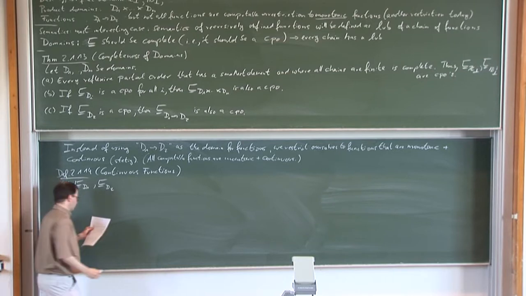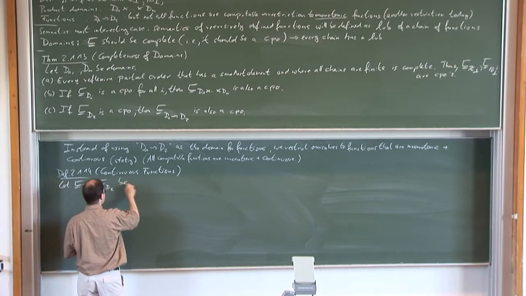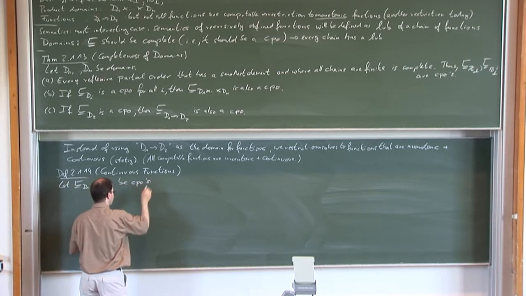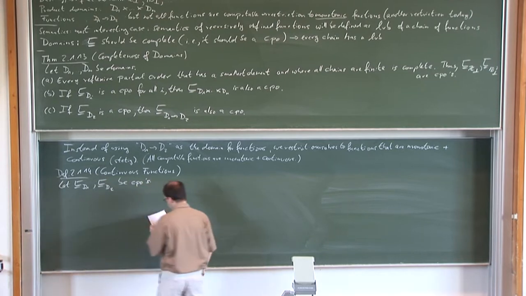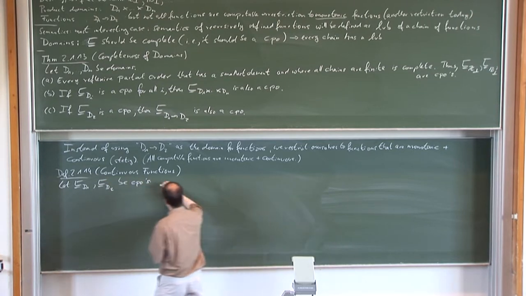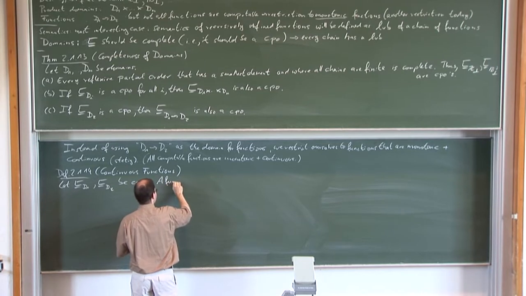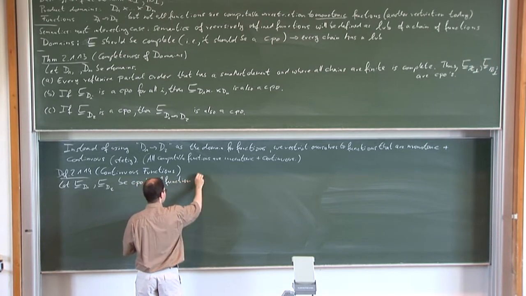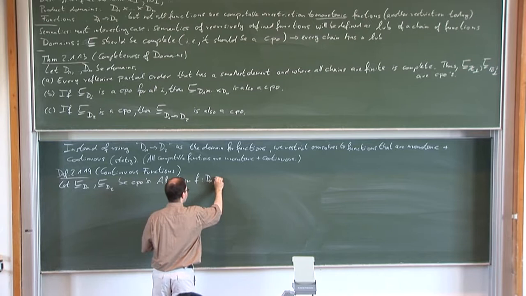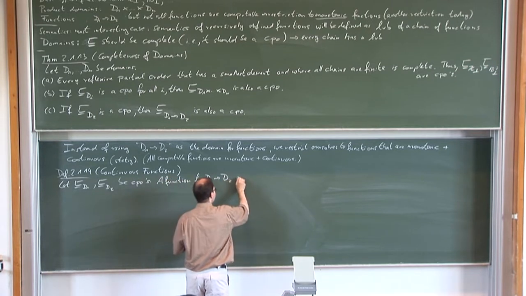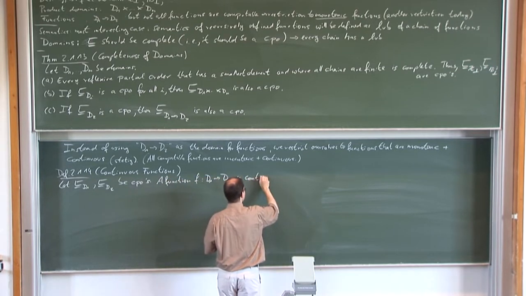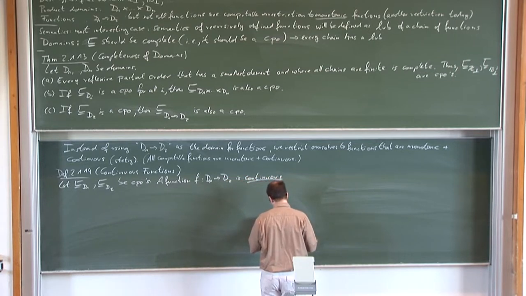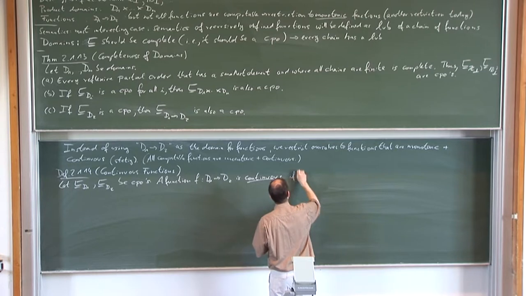The relation should be complete. Now, a function f from D1 to D2 is continuous if we have the following thing.